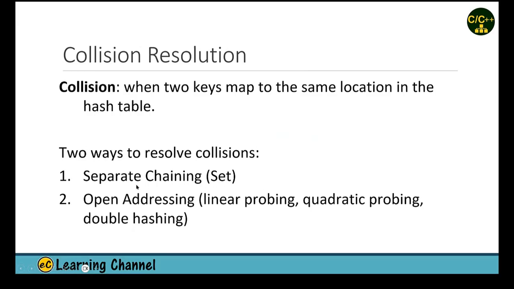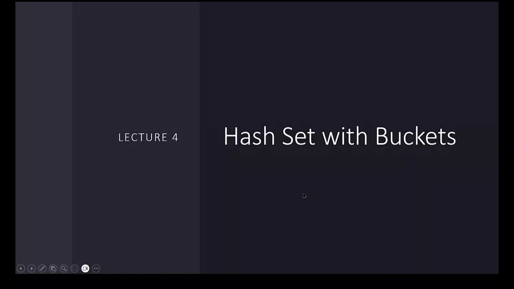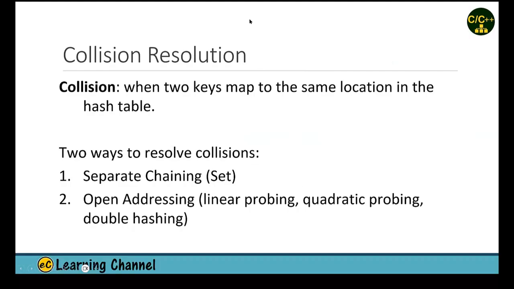Then you have different collision solutions. Separate chaining uses a linked list, or you can do open addressing with double hashing, linear probing or quadratic probing. Here we focus on these two solutions. The first one is with buckets, separate chaining.